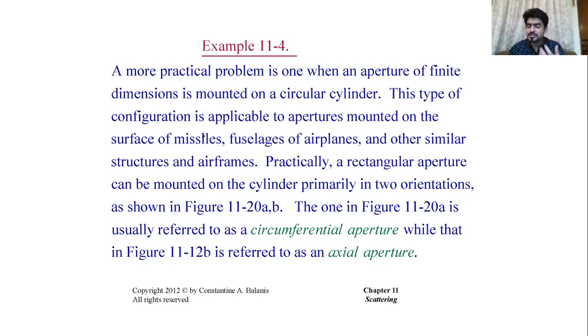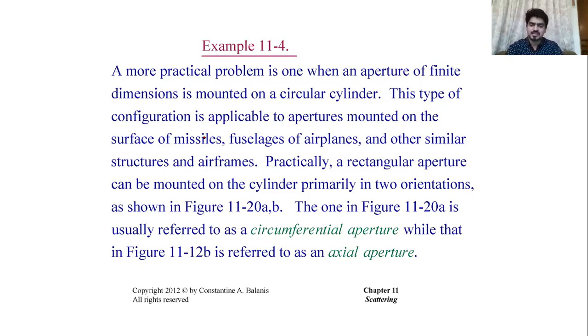We are not going to go into the detail of the derivation, but we'll compare those results with the case when both apertures, circumferential and axial, are placed on a flat infinite PEC ground. So we'll compare those two cases.